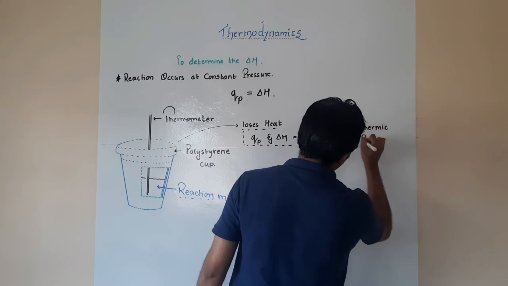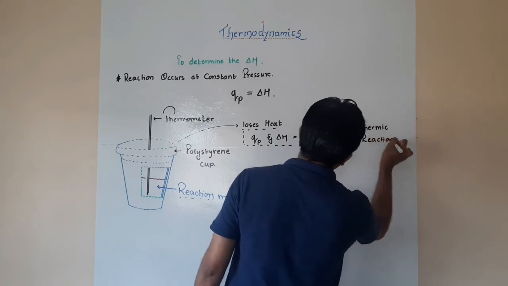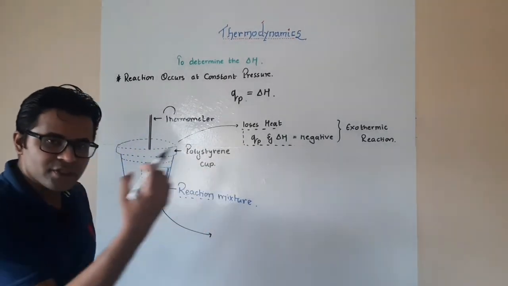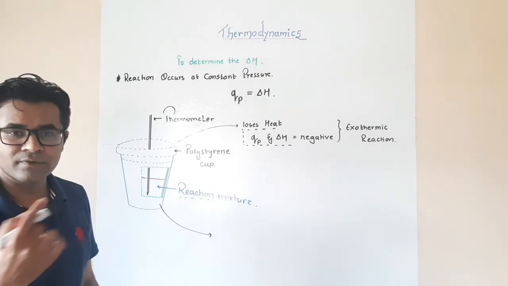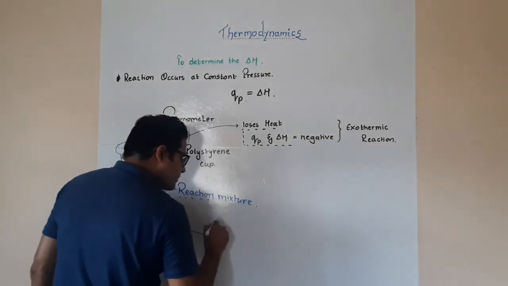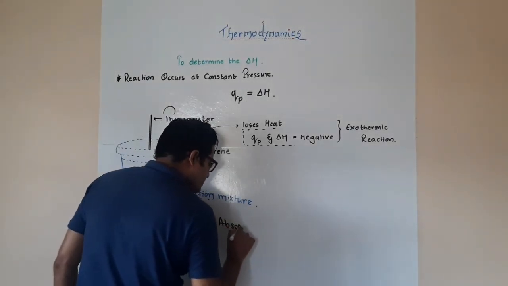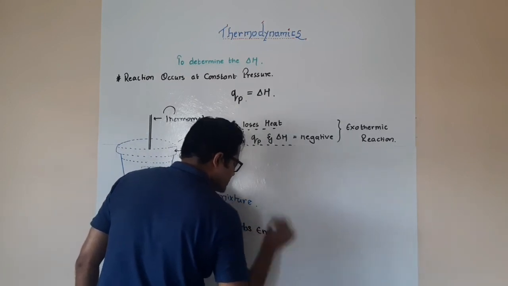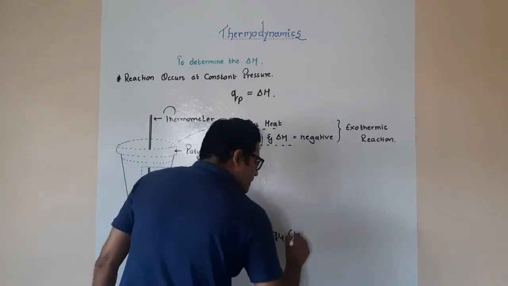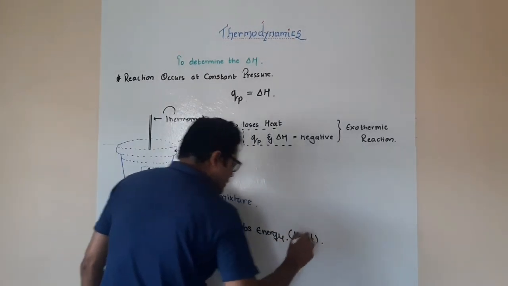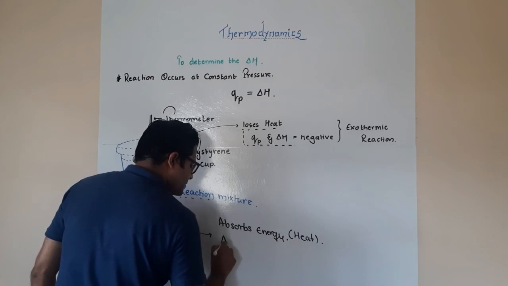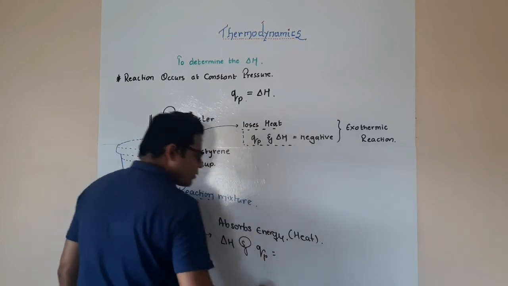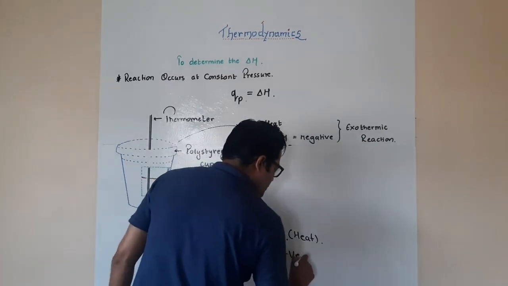This happens when we have an exothermic reaction. On the other hand, if the system absorbs energy in the form of heat from the surroundings, then in that condition, our delta H and our Qp are going to be taken as positive.